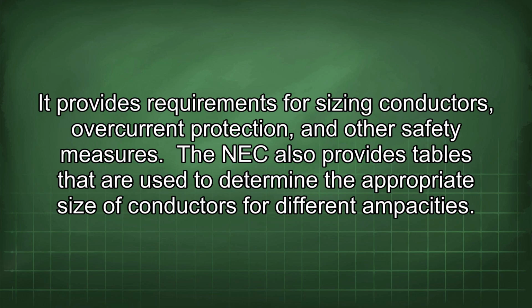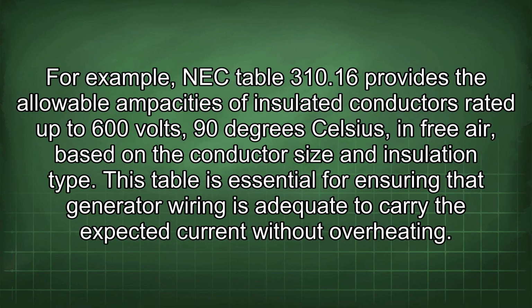The NEC also provides tables that are used to determine the appropriate size of conductors for different ampacities. For example, NEC Table 310.16 provides the allowable ampacities of insulated conductors rated up to 600 volts, 90 degrees Celsius, in free air, based on the conductor size and insulation type.